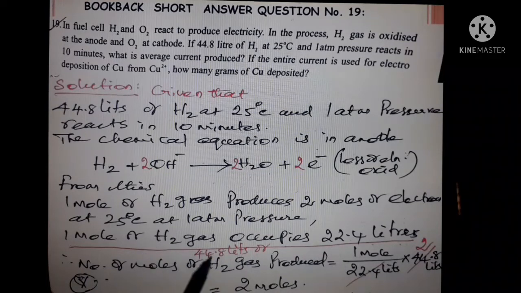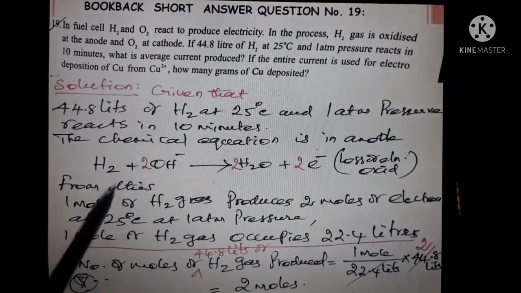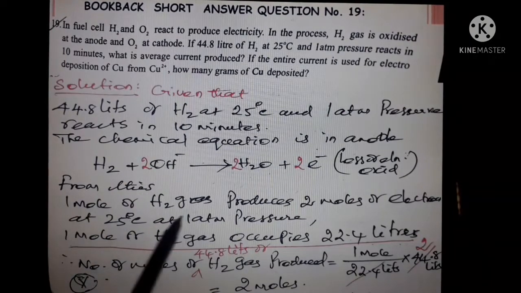Therefore 44.8 liters of hydrogen gas is equal to 1 mole divided by 22.4 liters, multiplied by 44.8. So cancel it.